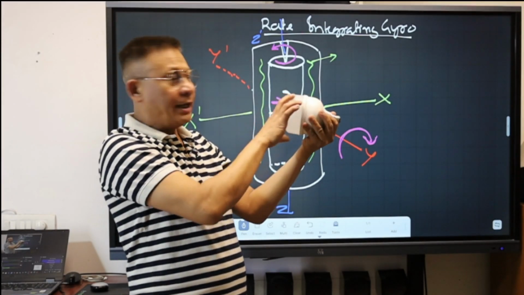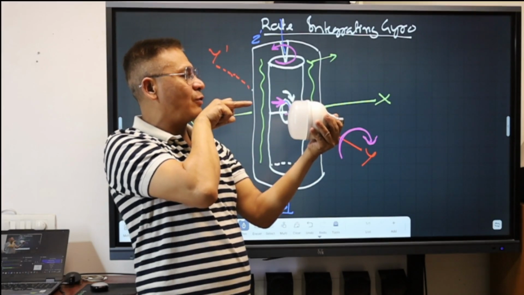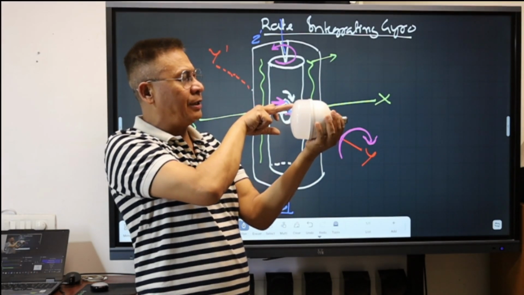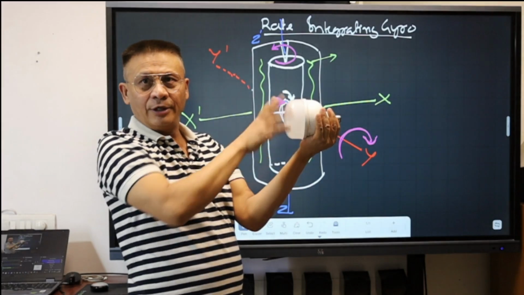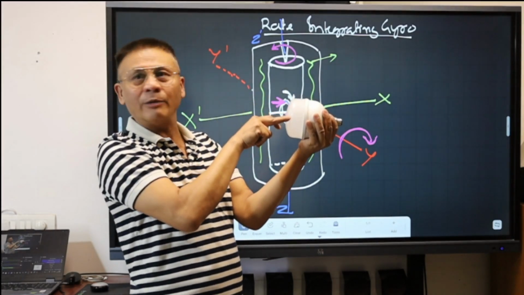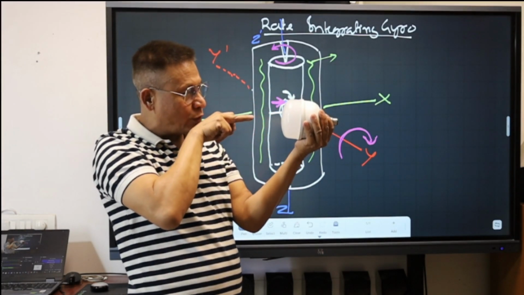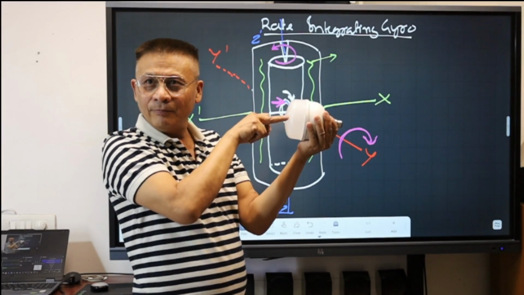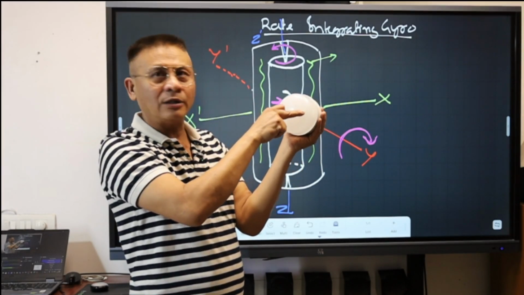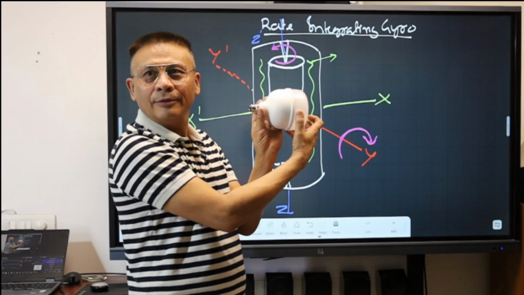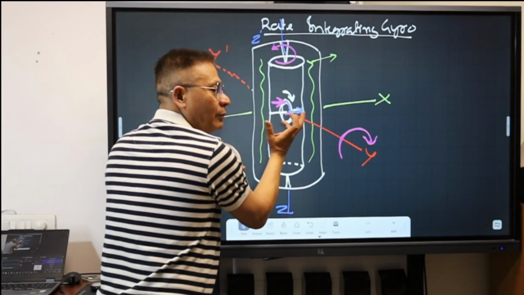Am I right? If I apply a force like this on a gyro and the gyro is spinning like this, this force will be carried forward by 90 degrees and it will be as good as applying the force here. Isn't it? And the gyro axis will turn like this. So therefore the inner can will start rotating.